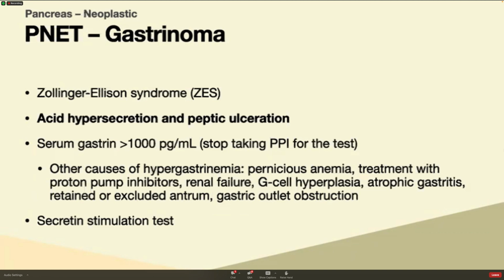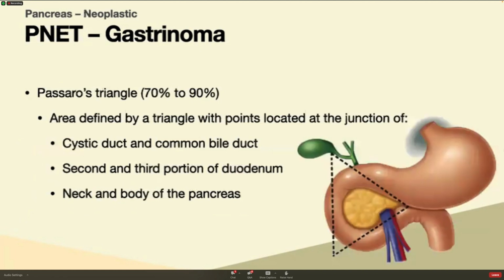So the lesion of gastrinoma is located in the gastrinoma triangle or the Passaro's triangle in 90% of cases. This is an area defined by the following points: the junction of the cystic duct and the common bile duct, the D2 and D3, and the junction of the neck and body of the pancreas.